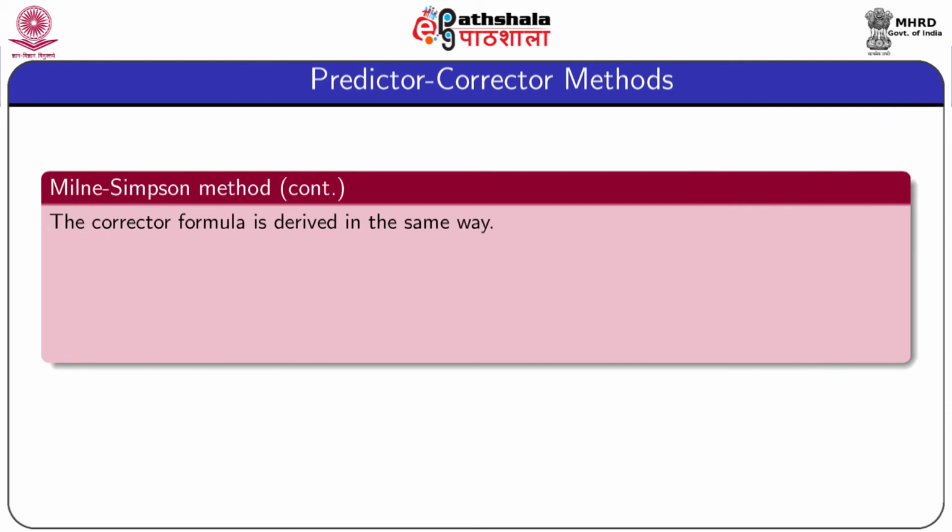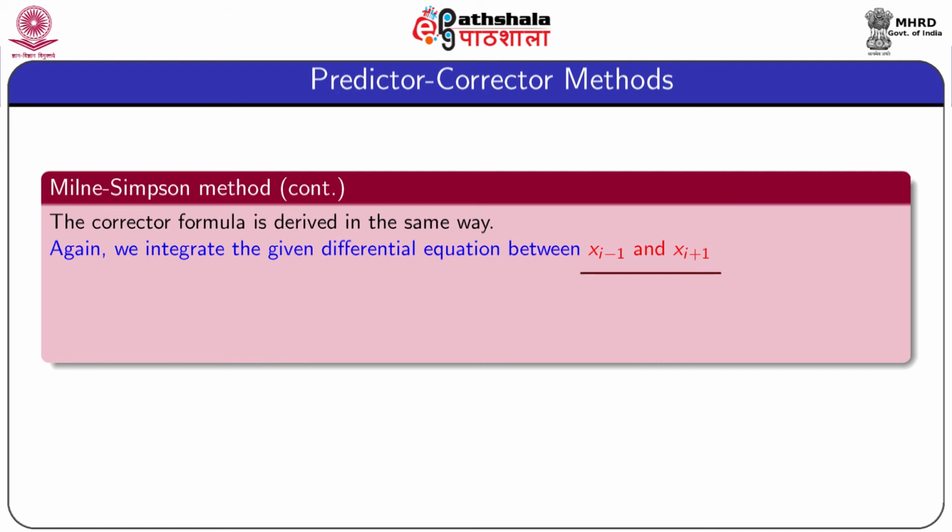Now, the corrector formula is also derived in the same way, that means by replacing the function f(x, y) by Newton forward interpolating polynomial, but the integration is taken between x_{i-1} and x_{i+1}. In the predictor formula, the integration is taken between x_{i-3} and x_{i+1}, but in the corrector formula, the integration is determined between x_{i-1} and x_{i+1}.